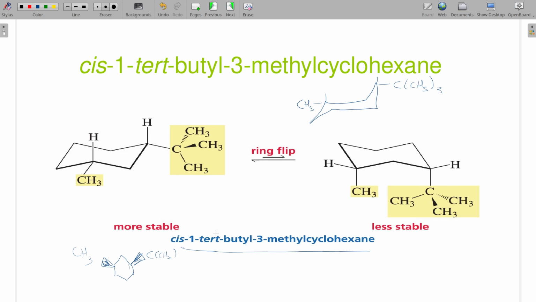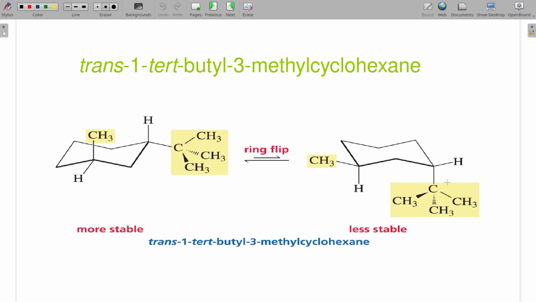And because it is a tert-butyl group, this pretty much doesn't happen. That ring flip requires way too much energy. In a mole's worth, it's going to happen enough that we could do chemically something with it, but it's 4,800 times more likely, at least, to stay in the more stable conformer.